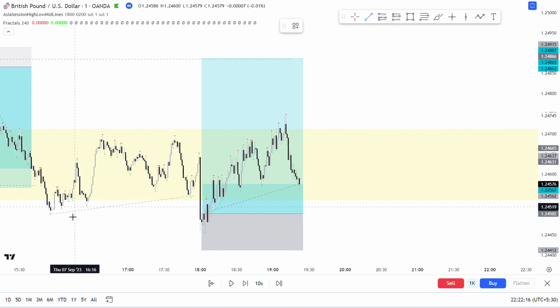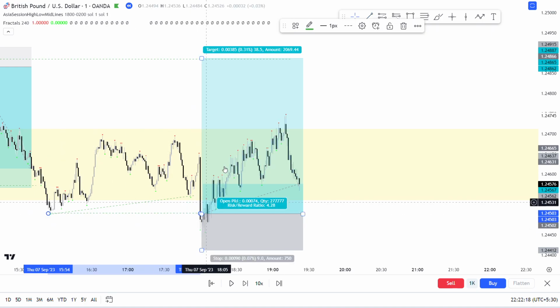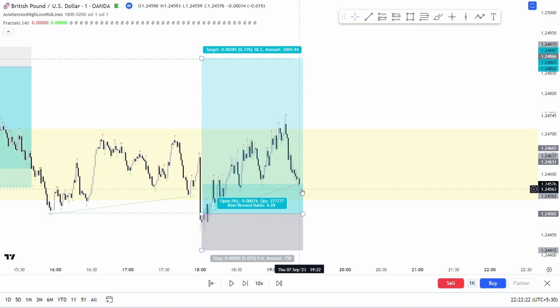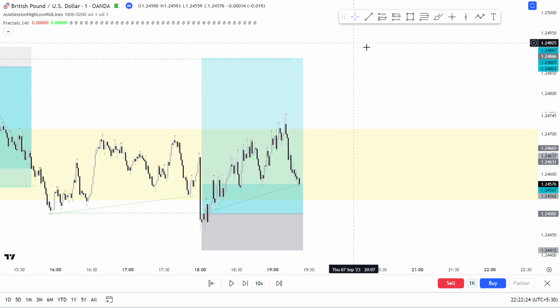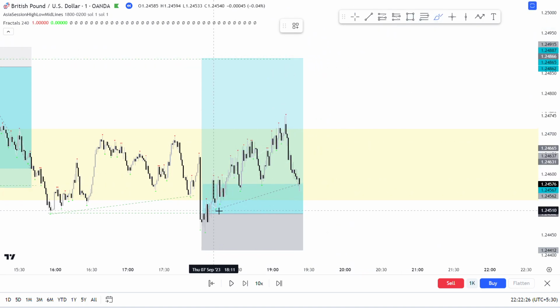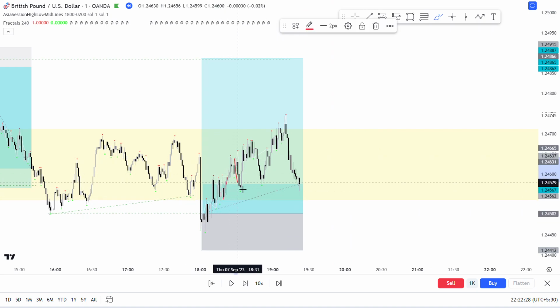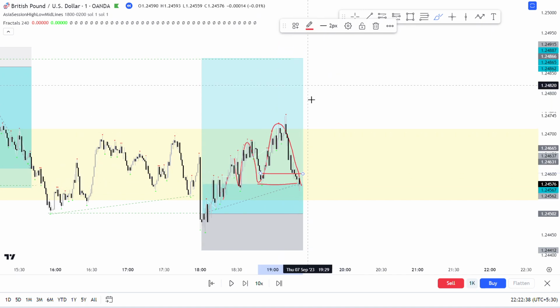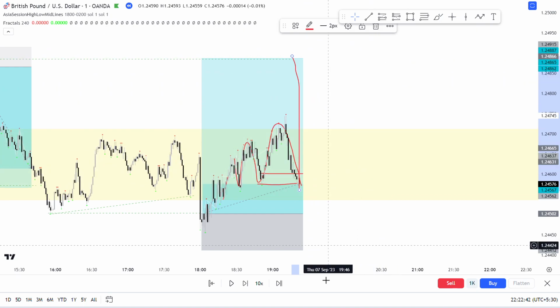The 15 minute liquidity is telling the price to move up, but in the 1 minute the sell side liquidity is taken out, so we can buy again and target this liquidity again.